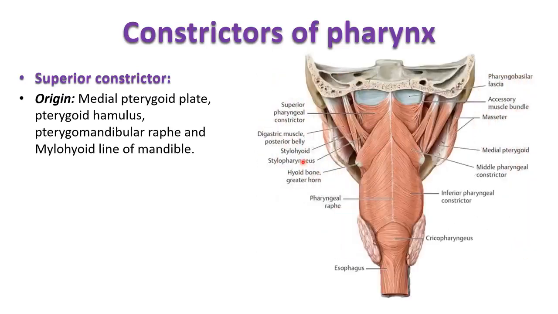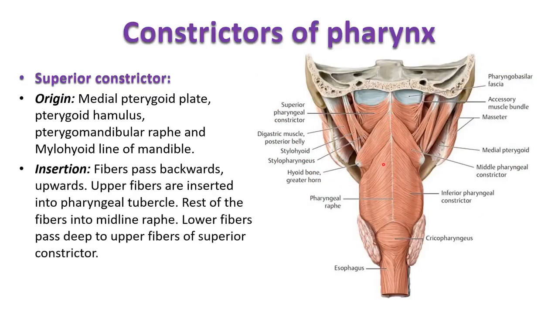From there it arises and gets inserted into the posterior midline raphe. The fibers sweep backwards and then upwards, and posteriorly you can see it attached to the pharyngeal tubercle, which you can appreciate on the basi-occiput bone at the base of the skull.